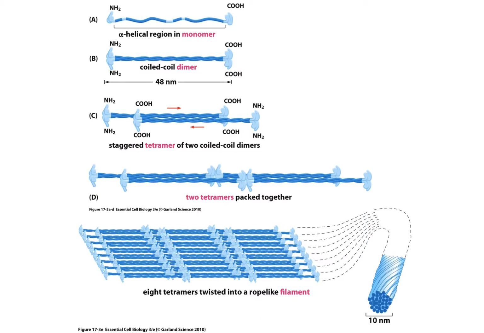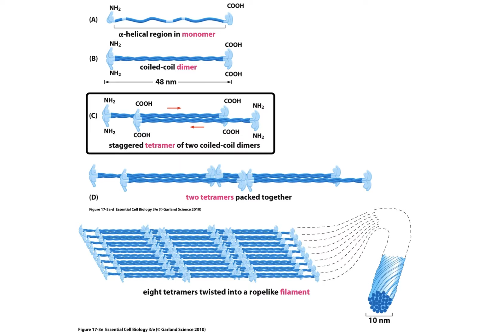Like actins and myosins, these form characteristic structures. So you can start with a monomer. There's the amino end and carboxyl end, and you get a coiled dimer with the amino ends and carboxyl ends in the same place.